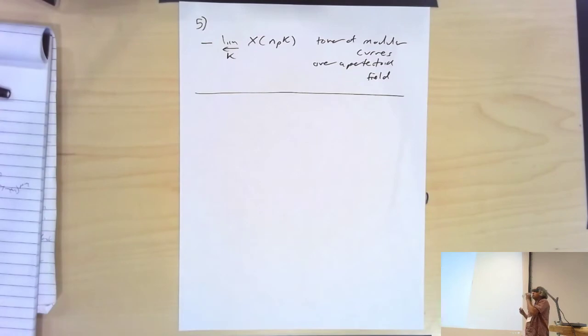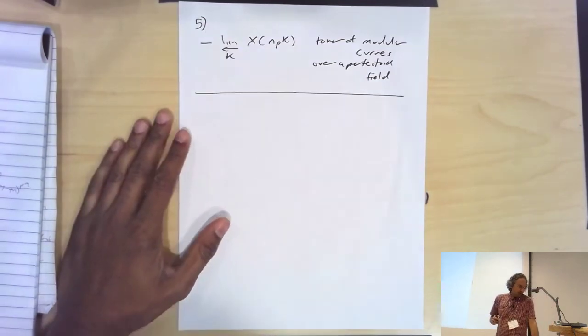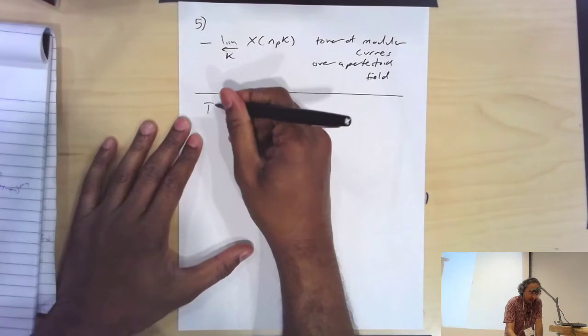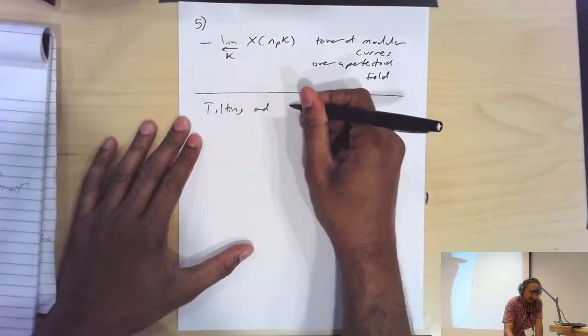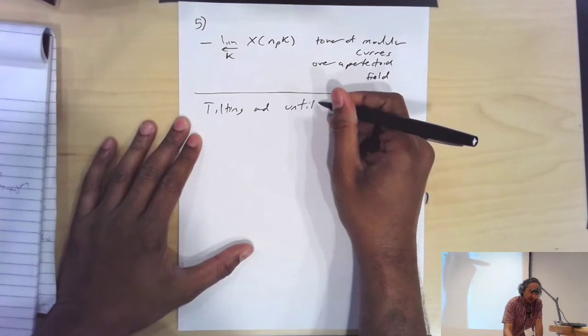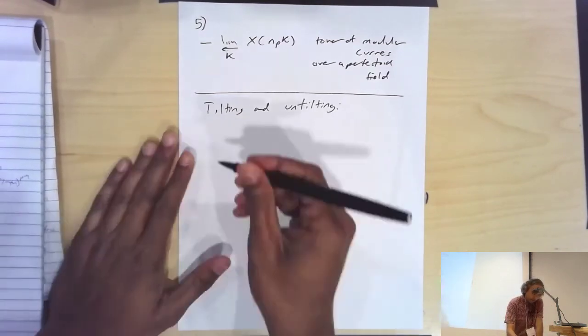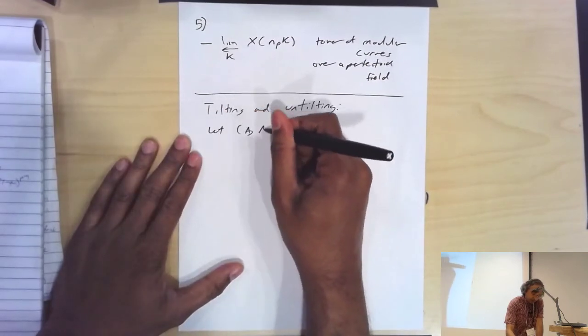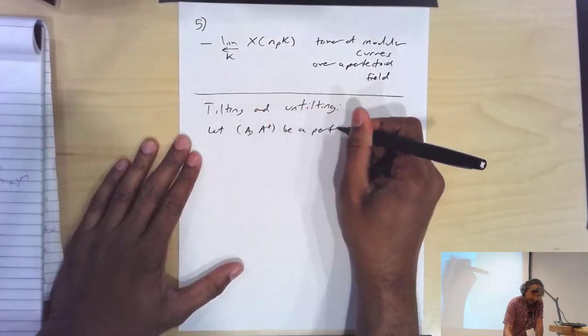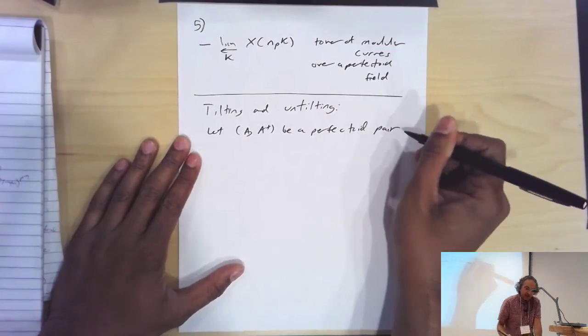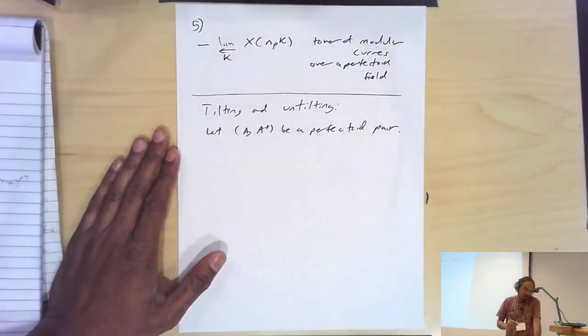Okay, so what do we know about these perfectoid rings or perfectoid spaces? Well, one of the important properties of them is that this whole story of tilting and untilting that Jared introduced in his previous lecture extends to perfectoid rings. So if I have a perfectoid pair, then I have an analog of the flat construction.